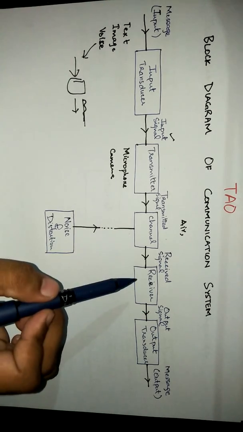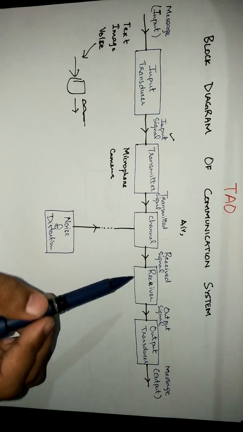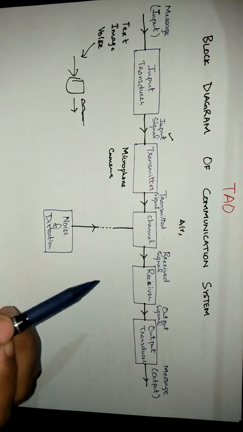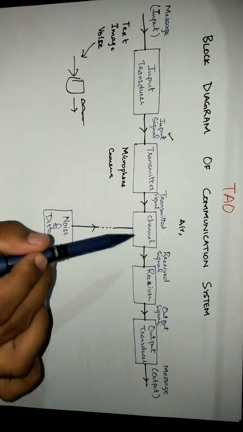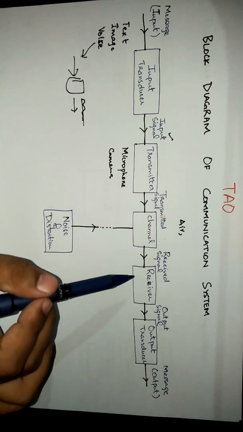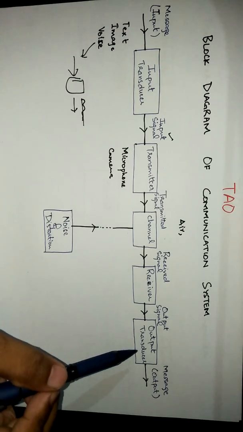Coming to the next block, that is the receiver, which does the same thing as the transmitter, except it receives the signal. So now the channel sends the signal to the receiver, and it is received and forwarded to the output transducer.